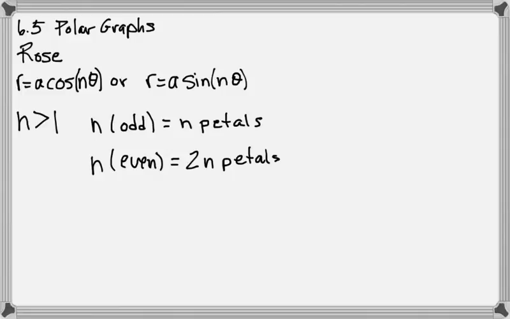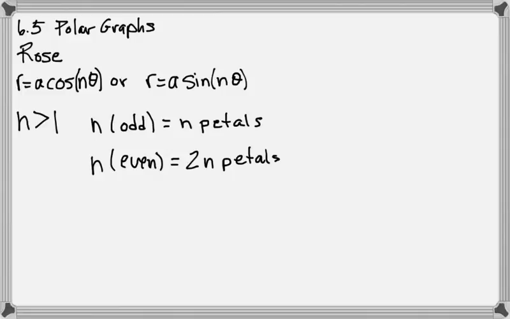If n is even, you double n to tell you the number of petals. So this is useful for when I have an equation and I have 6 graphs and I got to match up the graph. Well, if I can simply identify the number of petals, then I can just mark off the ones that don't have the right number of petals.